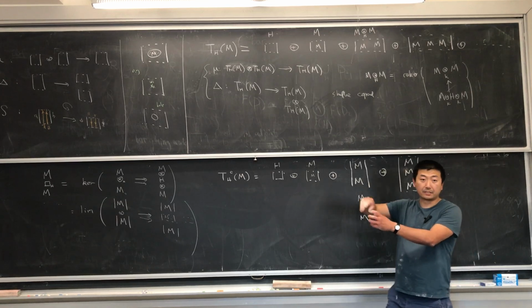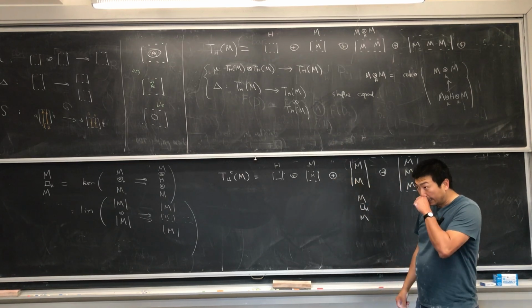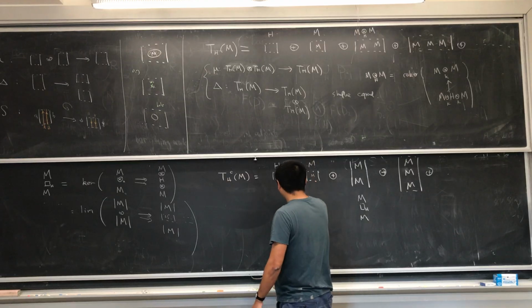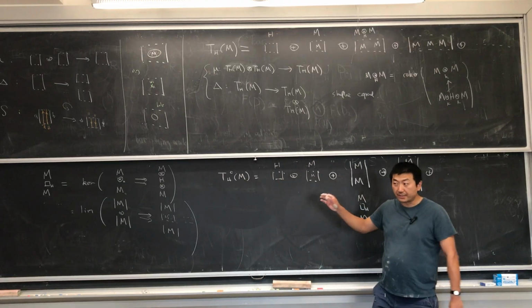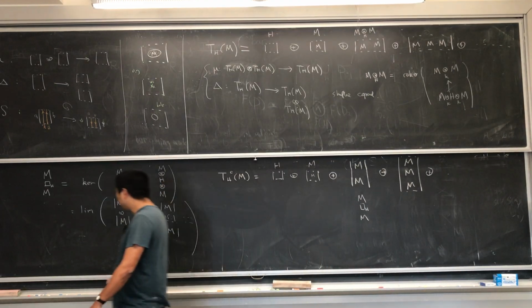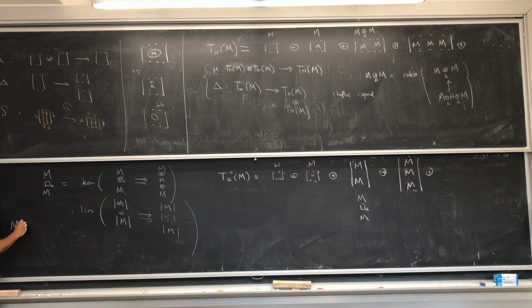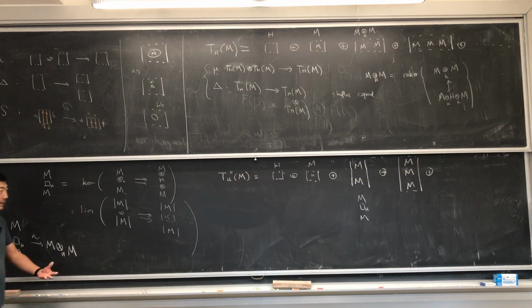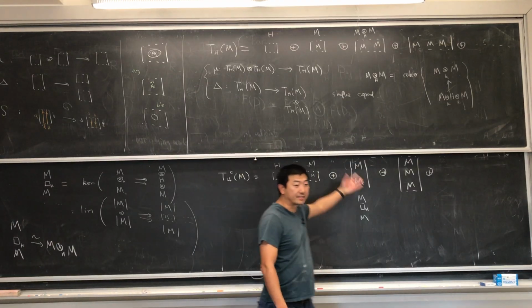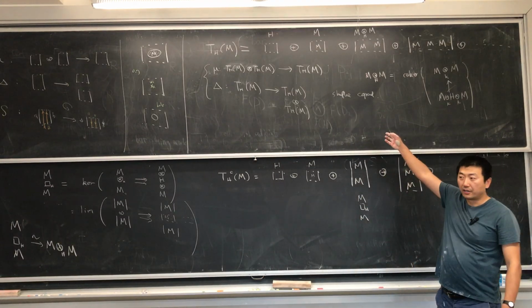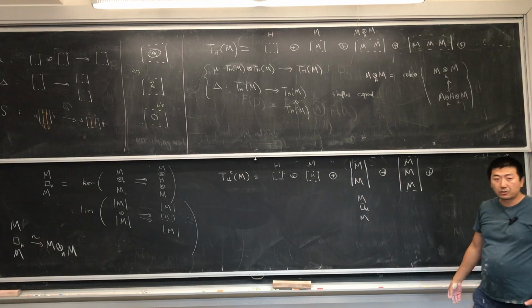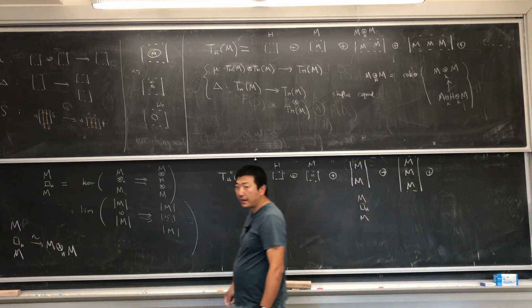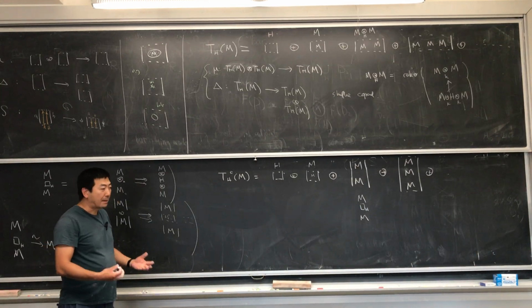So you stack the defect in a vertical way. And, all right, as a vector space, it's easy to see there's a rotation by 90 degrees, that this is equivalent to this. As a vector space, it's easy to see that these two vector spaces are actually the same vector space because each term is isomorphic. But if you want to create a map that respects the bialgebra structure, that's not the map you want.